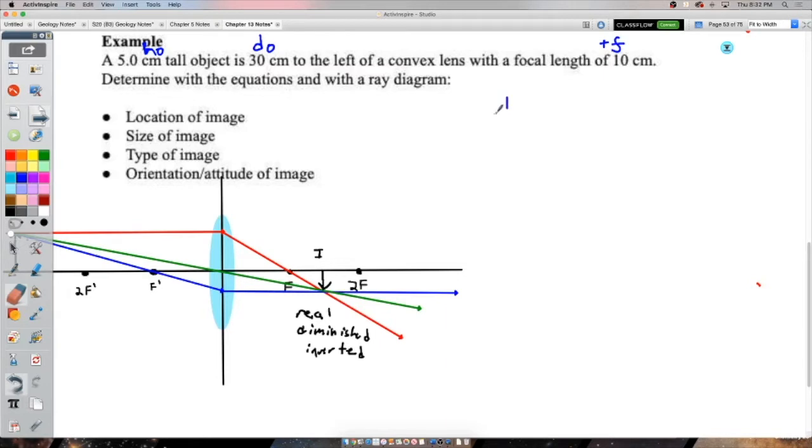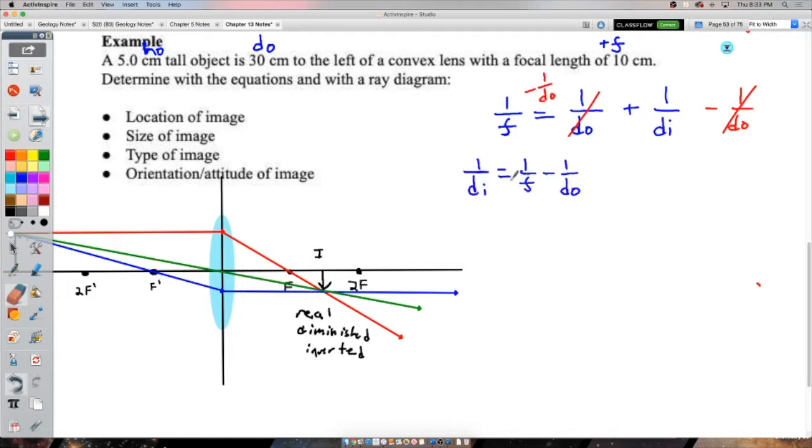So let's start there. So 1 over the focal length is equal to 1 over DO plus 1 over DI. If we want to know where the image is, we need DI, obviously. So just manipulating this, DI is equal to the inverse of 1 over the focal length minus 1 over object distance.